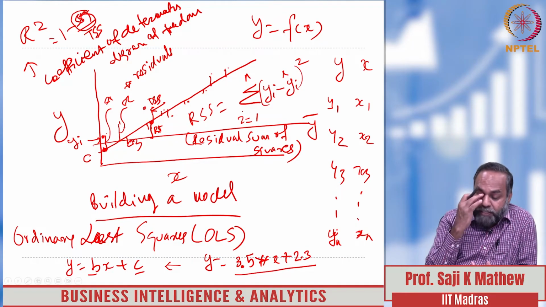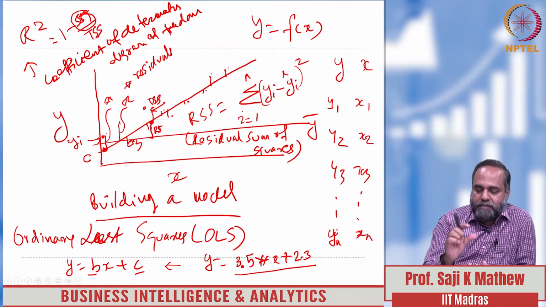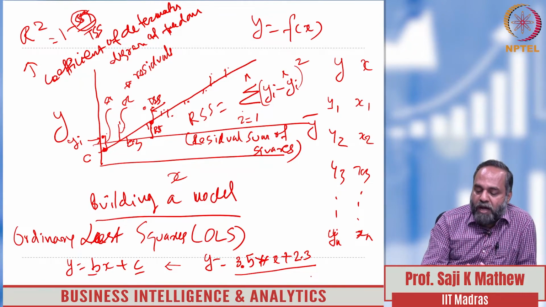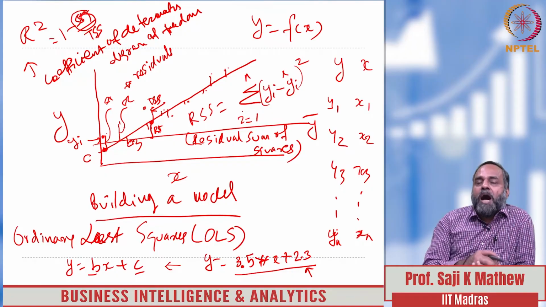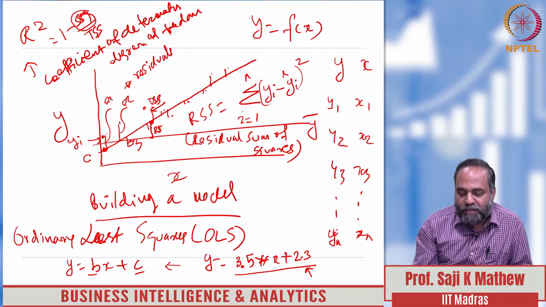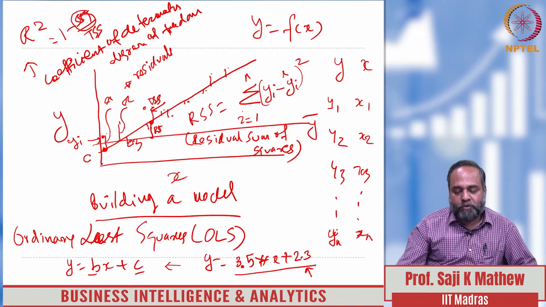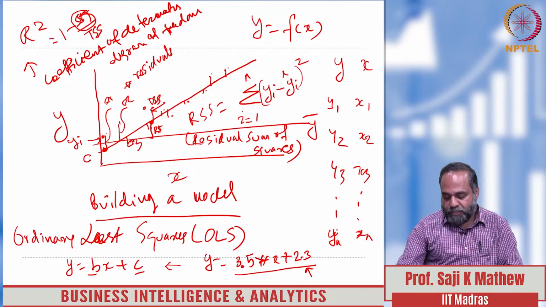y is 3.5 times x plus an intercept which is 2.3. This intercept means y is not explained by x alone, but there are other variables potentially not included in the model, and therefore there is a constant which is added.